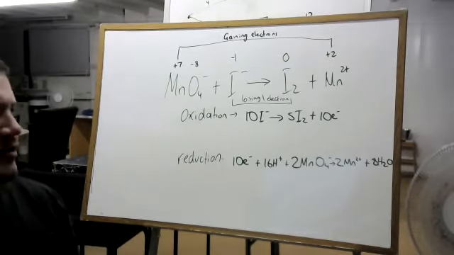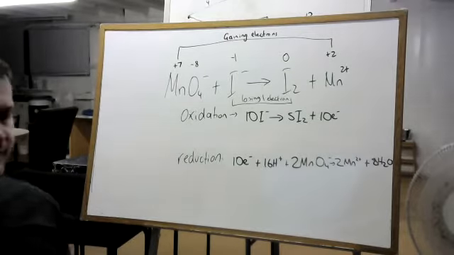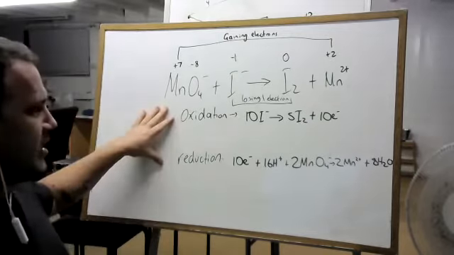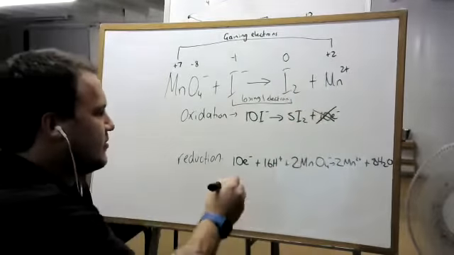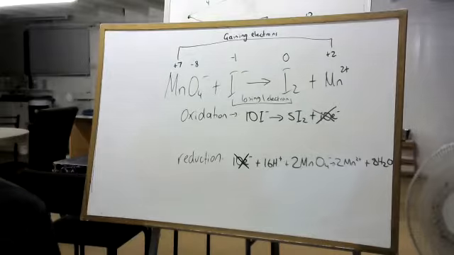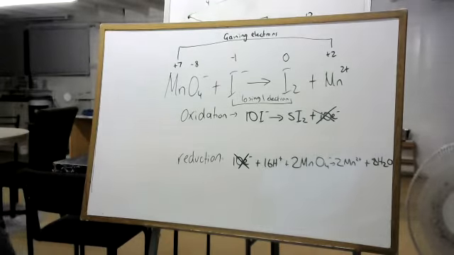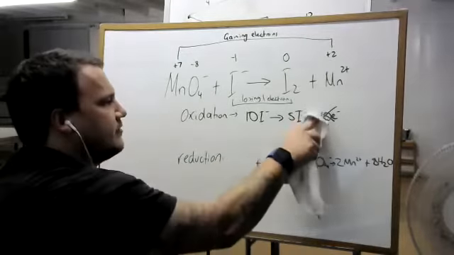So what we can do, because now we need to combine these again, because we split them into the 2 reactions, we get rid of anything that's the same, or we cancel out anything that's the same on both sides, including the electrons. So we get rid of the electrons now because they balance.